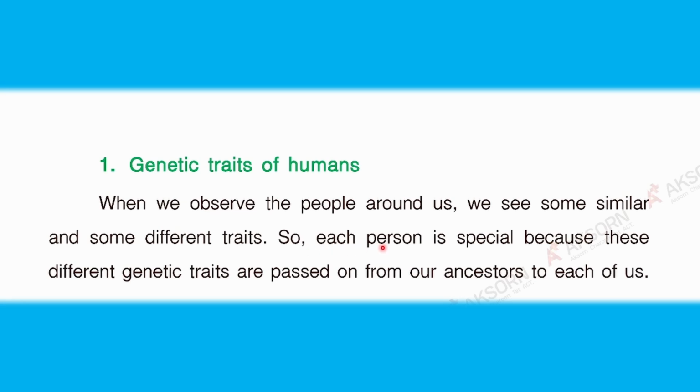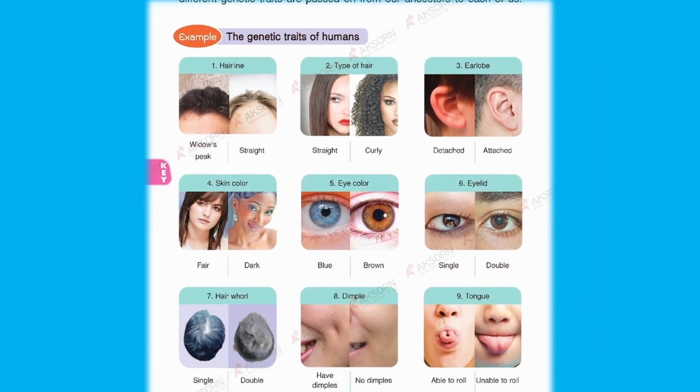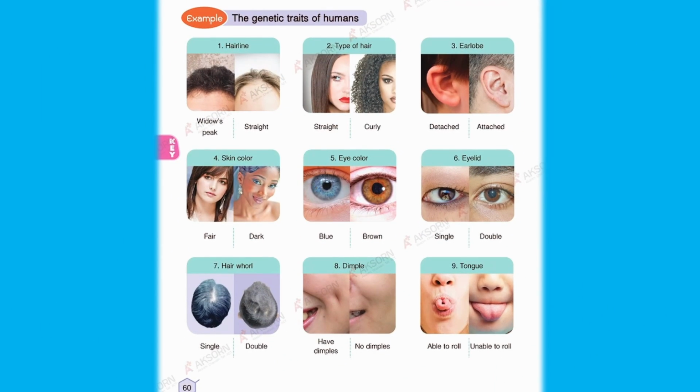So each person is special because these different genetic traits are passed on from our ancestors to each of us. Example, the genetic traits of humans.